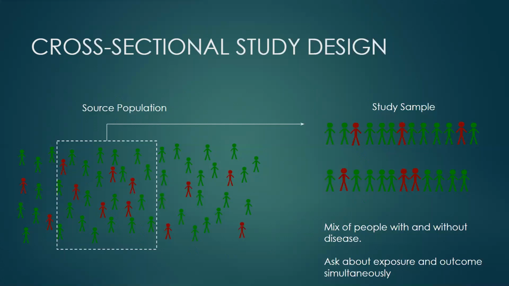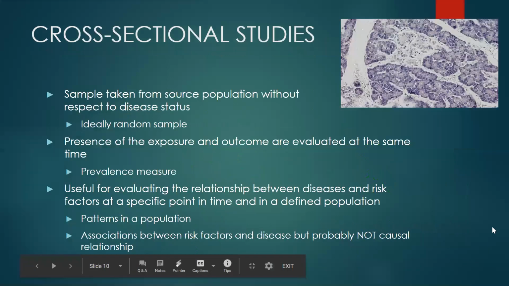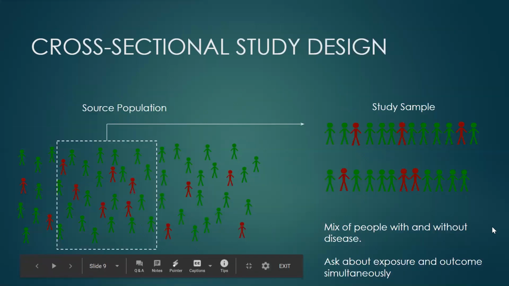Some of them will end up being people who have the health outcome we're interested in. Some of them won't. But we're not sampling with regard to their health status in any way. We're just trying to draw a random sample from the population. And then we ask them whatever questions are on our survey or are part of our study. And we're just asking about them at one point in time. So it's a simultaneous exposure and outcome assessment.